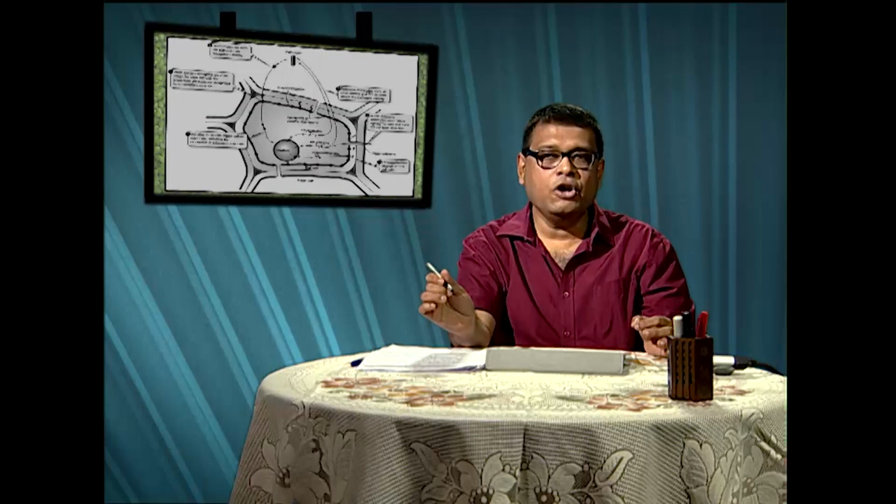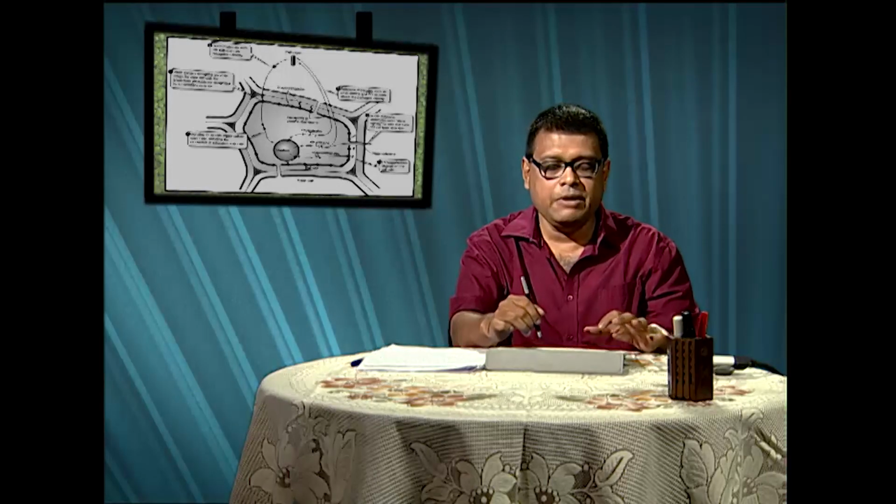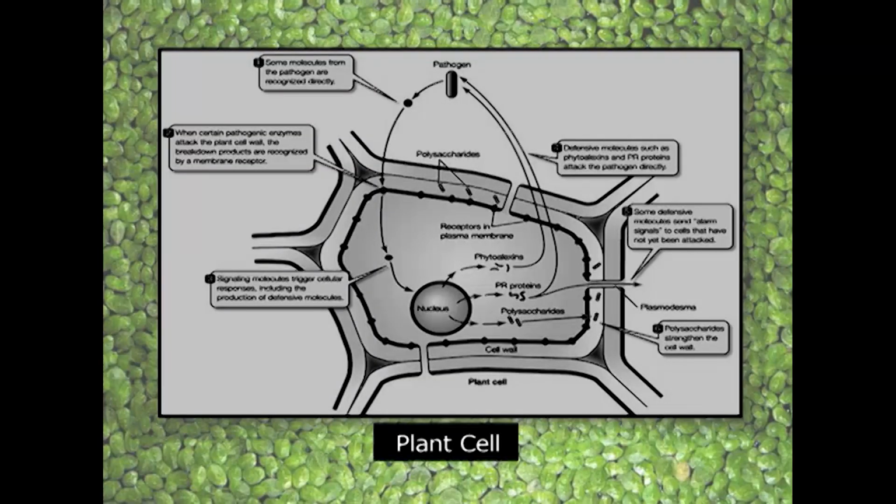But considering the effect of pathogen and the array of events, there may be different types of ways by which a disease develops. And when I say that a particular plant cell is showing resistance, it can be either mechanical resistance, that is the pathogen is not allowed inside, there is a barrier there. And even if it is entering, there may be defense reaction in the form of phytoalexin production, in the form of PR protein production, in the form of generation of polysaccharide.